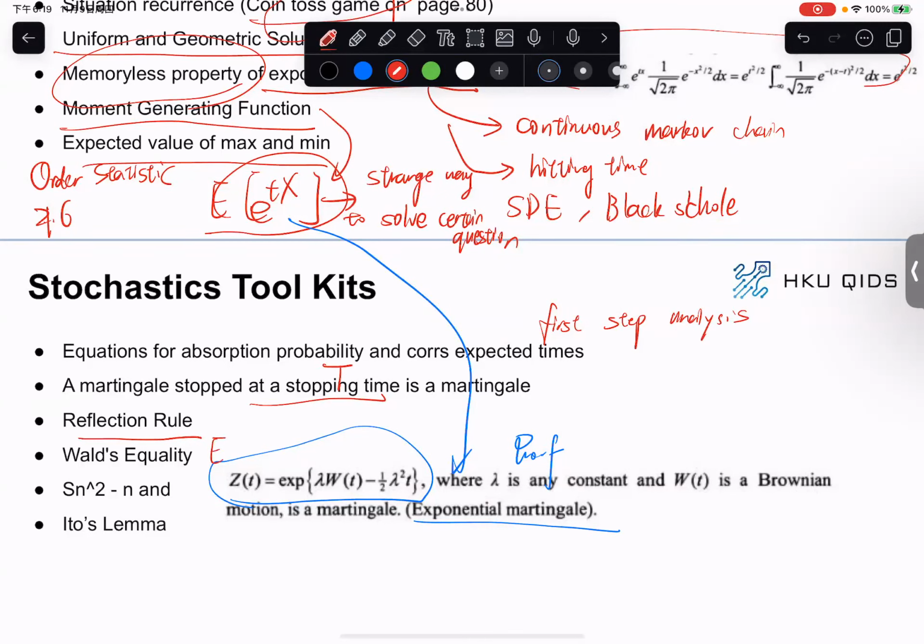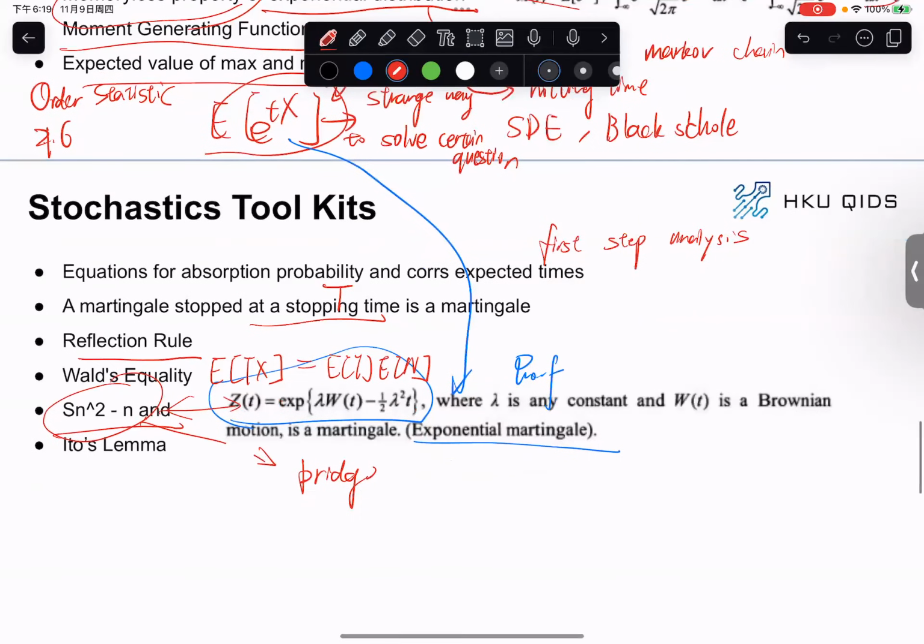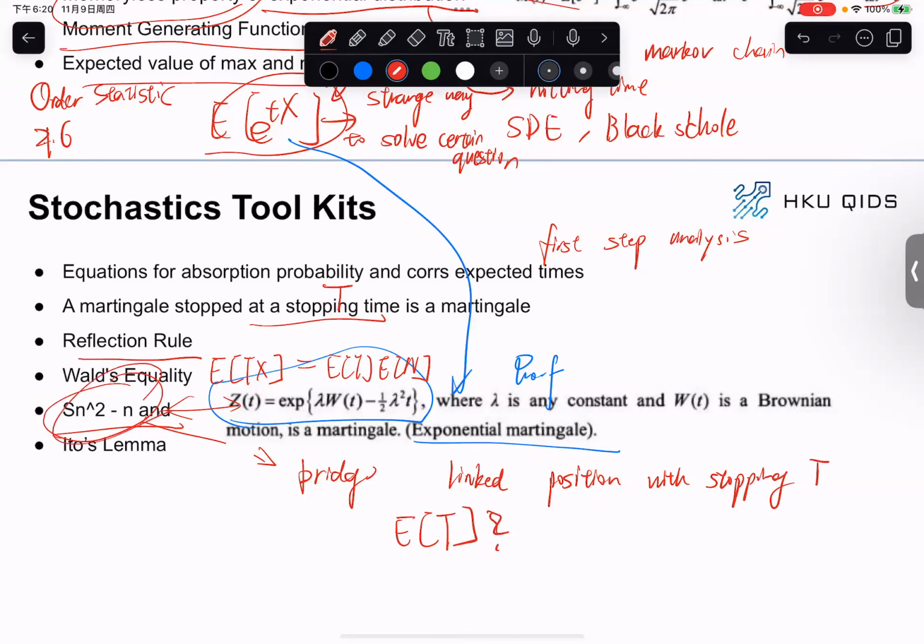Wald's equality, which is that E[X_T], if T is the stopping time, is going to be E[X_0]. Then this one, together with this one, are also martingales. This one is called a bridge. Why this is important is that it links your current position with the stopping time. For example, when they ask what's your expected stopping time, this one is frequently used.